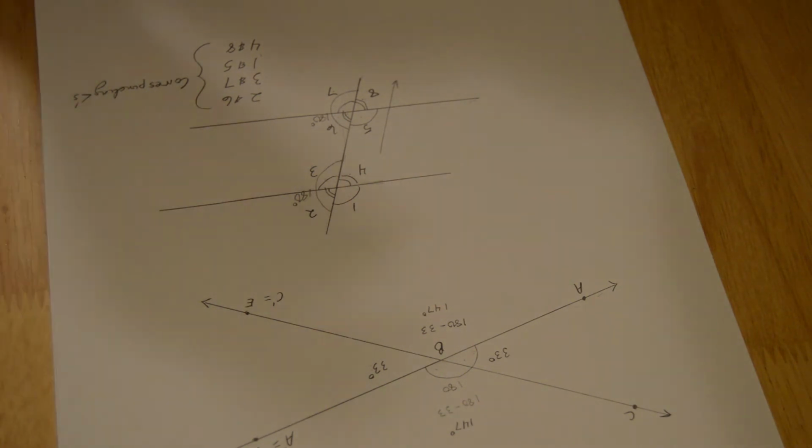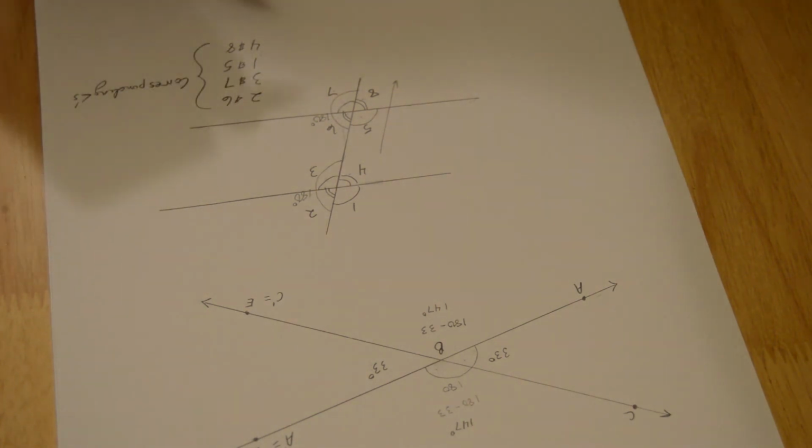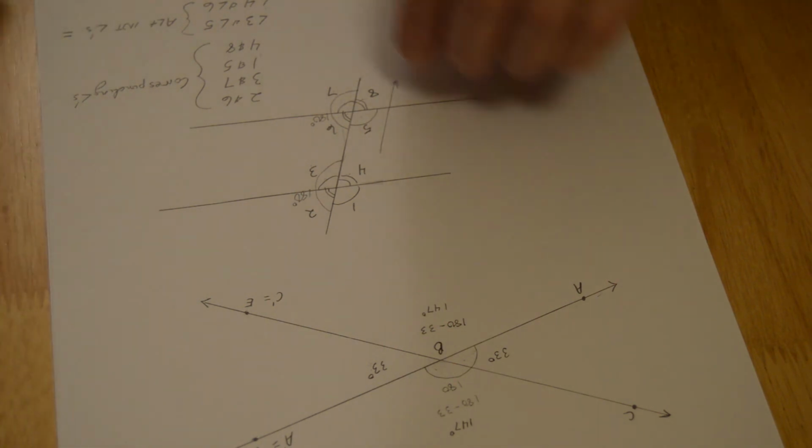Now there's also a theorem that says that alternate interior angles are congruent, and that would be angle 3 and angle 5, as well as angle 4 and angle 6. Those are alternate interior angles, and those must also be congruent to each other.